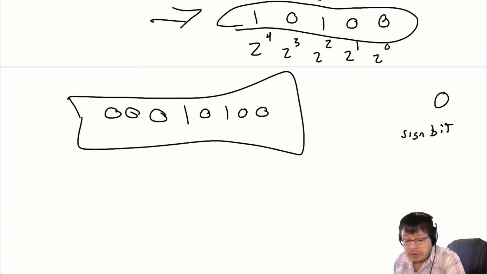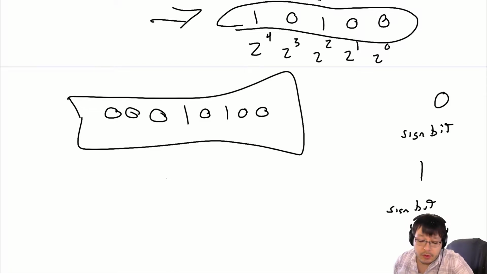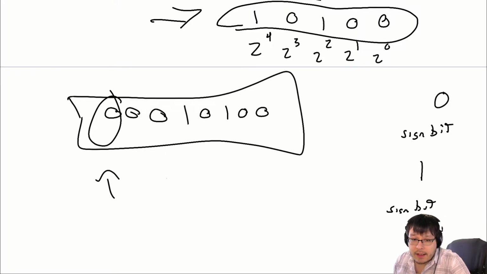If it's 0, we'll say it's positive, and if it's 1, we'll say that it's negative, okay? And that works cool. If you want to associate that with the same number here, we can just use the last digit and append it as the sign bit. And so now we can make this a 0 for a positive 20 or a 1 for a negative 20. Okay?